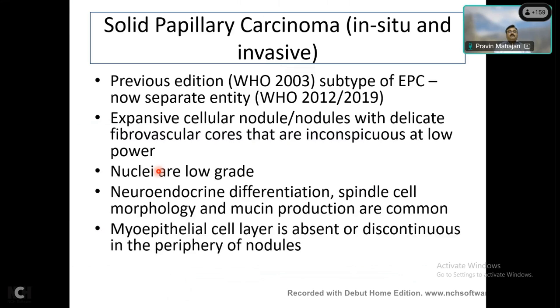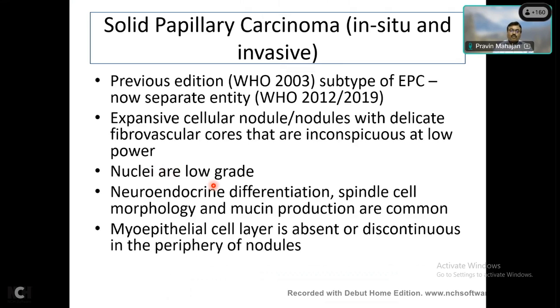Now we're coming to the solid papillary carcinoma. In the previous 2003 WHO classification, it was clubbed with encapsulated papillary carcinoma, and it is separated in the latest 2019 classification, as well as the previous 2012 classification. What you see is an expansile cellular nodule or nodules which have a solid proliferation and inconspicuous or delicate fibrovascular cores.